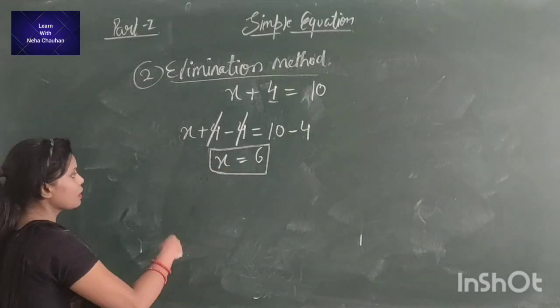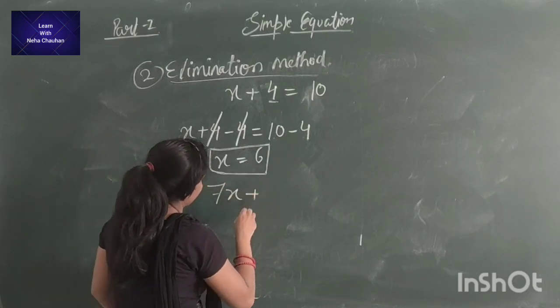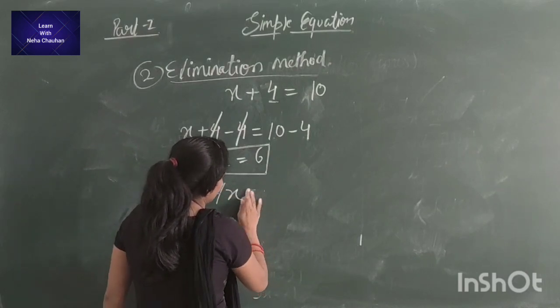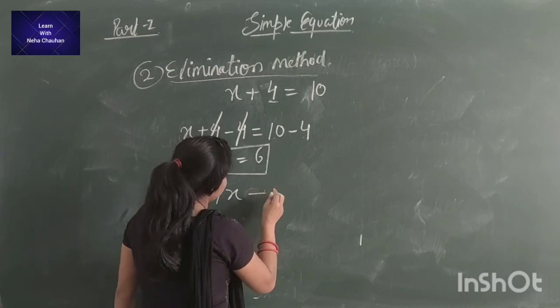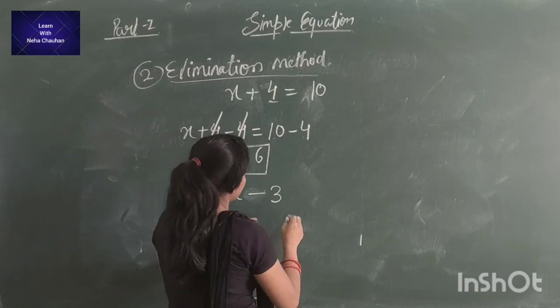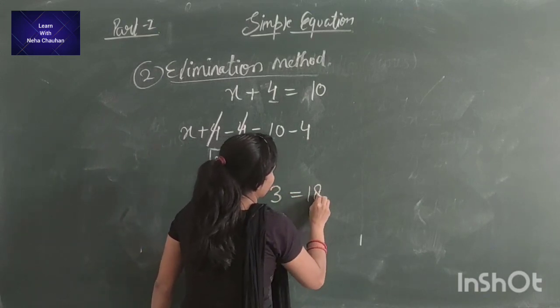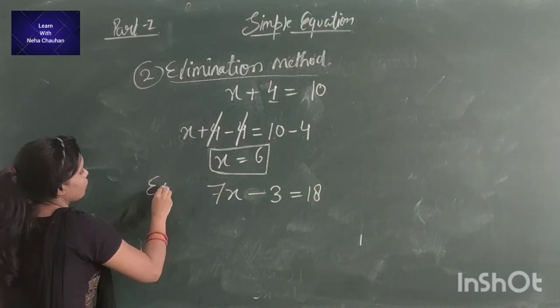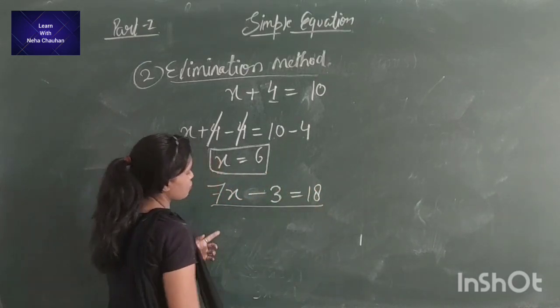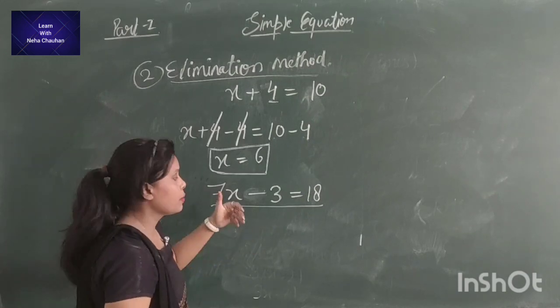Okay. Let's take another example. Let's have 7x minus 3 is equal to 18. Okay, so we have another example, that is 7x minus 3 is 18. So how we will eliminate now?